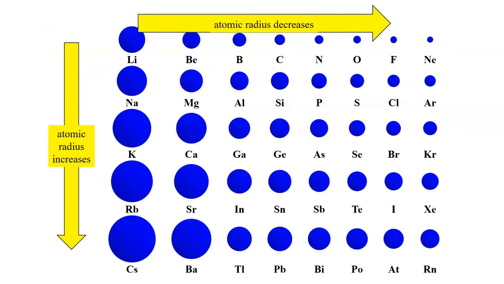So the general trend in atomic radius on the periodic table is that size increases as you go from top to bottom down a group. So there's magnesium and strontium, they're in the same group, but magnesium is smaller in size than strontium.